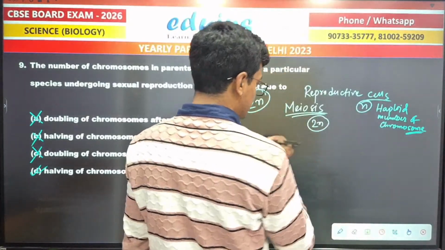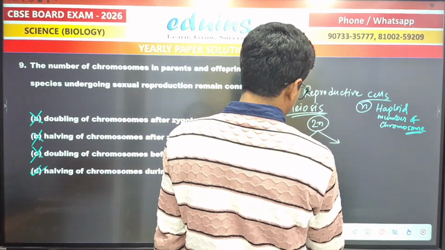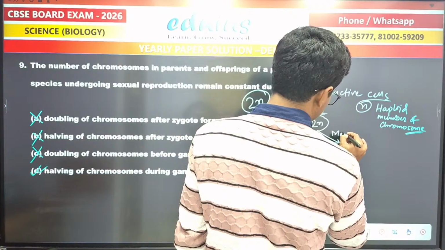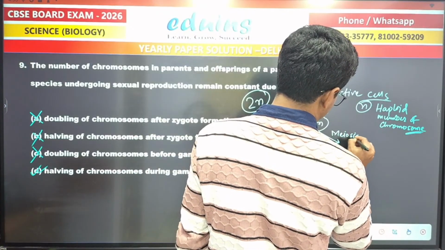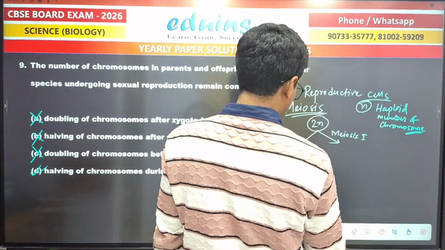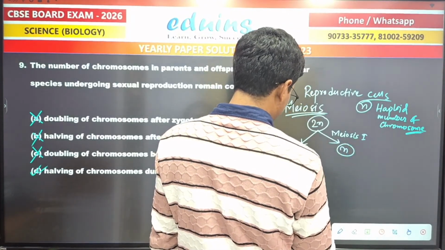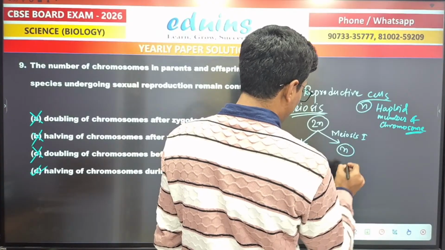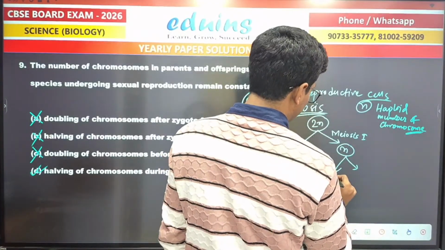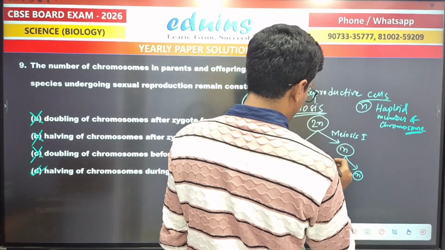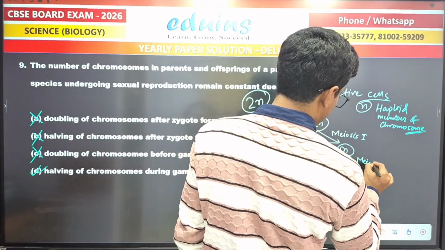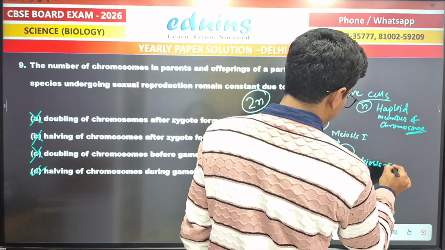If this is a body cell, in case of meiosis 1, the chromosome number get halved. But in case of meiosis 2, this is actually the equal division. Okay, this is meiosis 2.